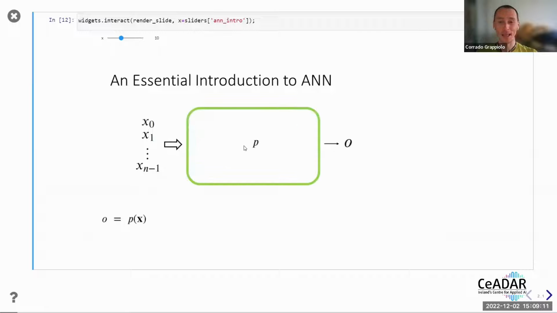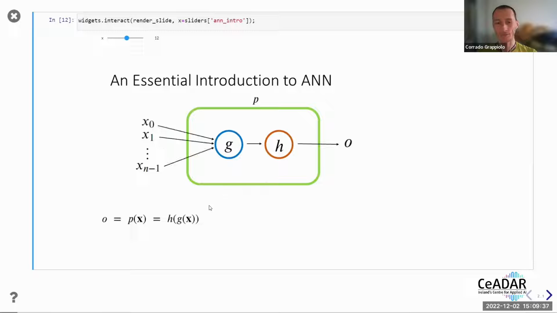A core component of artificial neural networks is the perceptron, which takes an input, again, a certain amount of signals, in this case this vector x with n features, and produces one output. The perceptron is generally composed of two functions, a function g and a function h. H is called the activation function.